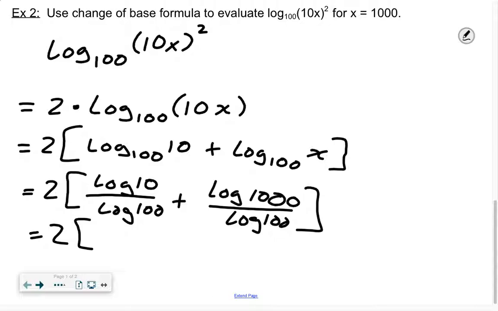Anyone? Log of 1,000 divided by log of 100. 1.5. Add them together, multiply by 2.